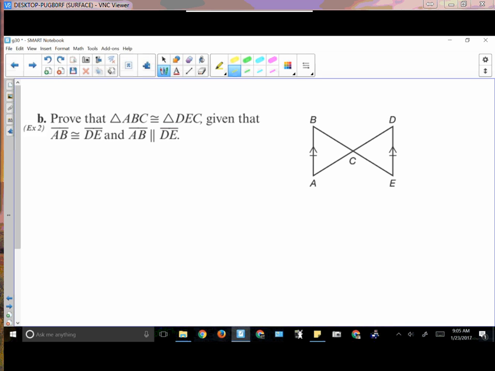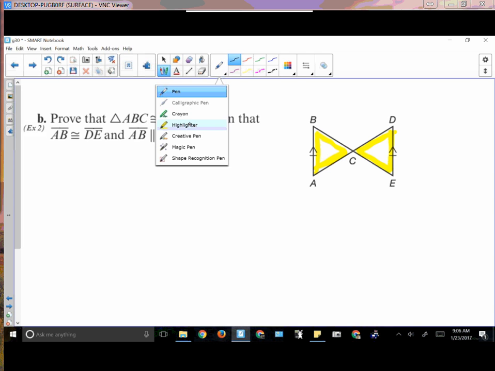So to start with, I want ABC, this one here, to be proved congruent to DEC. We were told that AB, so we've got AB is congruent to DE. So A to B, got that identified right there, that's good.